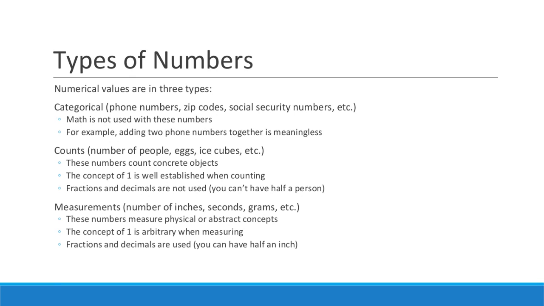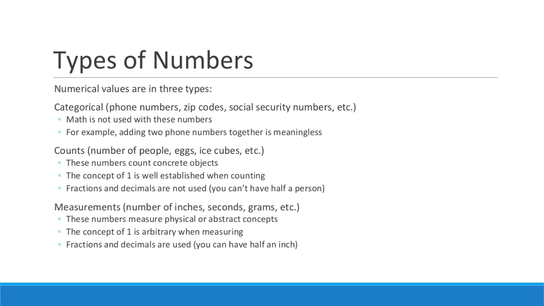Fingers, bottles of water, marbles in a bag. Each thing has a set count for 1, 2, 3, number of pigs on a farm, right? So they have a physically established meaning when we're counting. So we understand what 1 is.